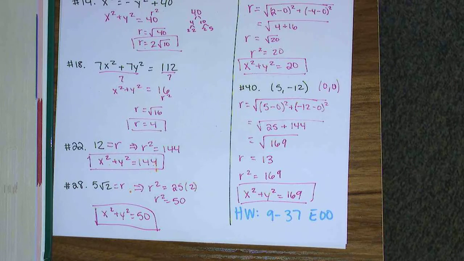I mean, it's not due till the end of the week next week, but one or two of these problems may show up on the quiz as just kind of an easy gimme problem.